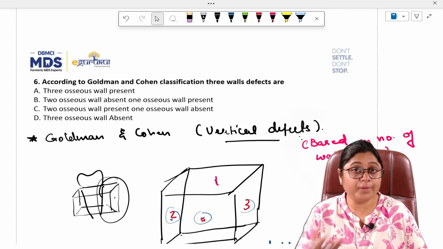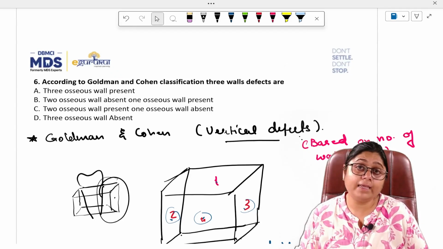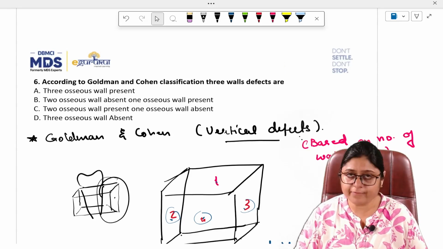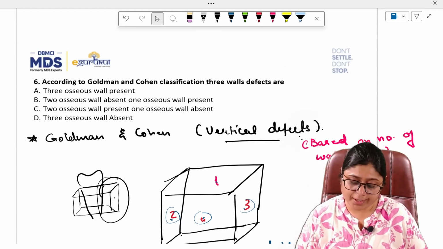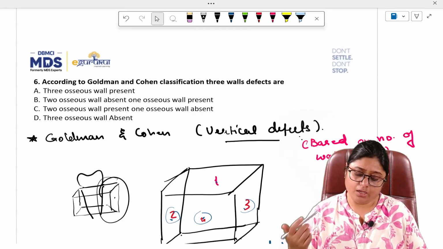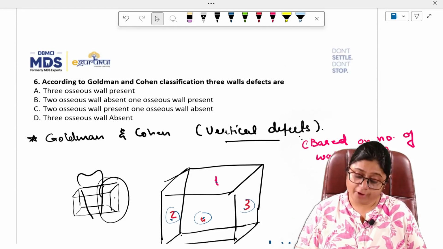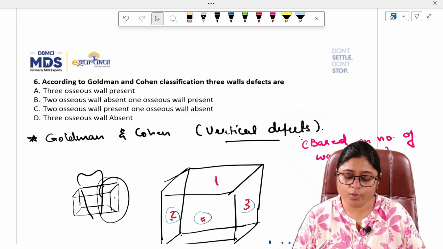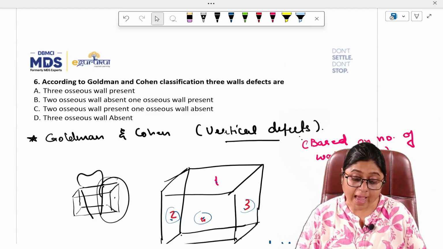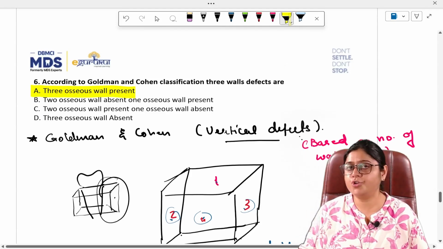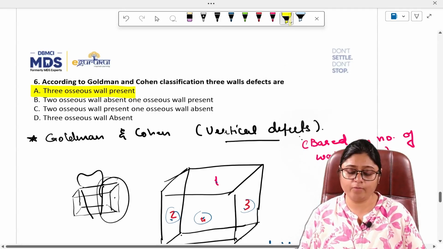One-wall defect cannot be treated. It is contraindicated to do periodontal regeneration because there will be no results in a single wall defect. So according to Goldman and Cohen classification, many of you will get confused, but the answer here is 3 osseous walls present is a 3-wall defect.